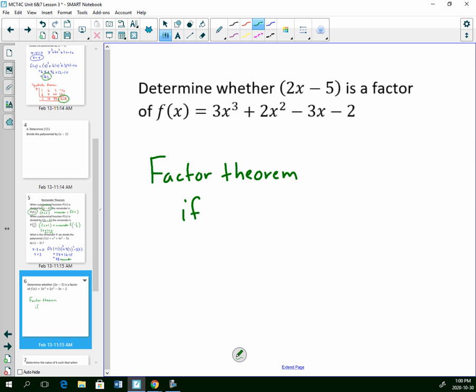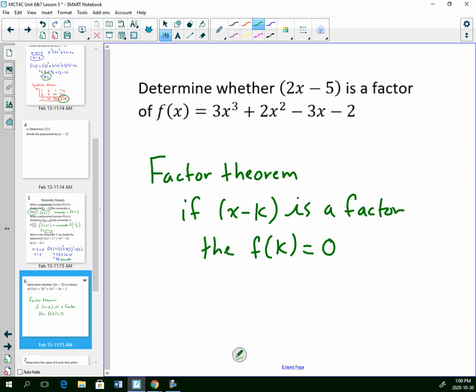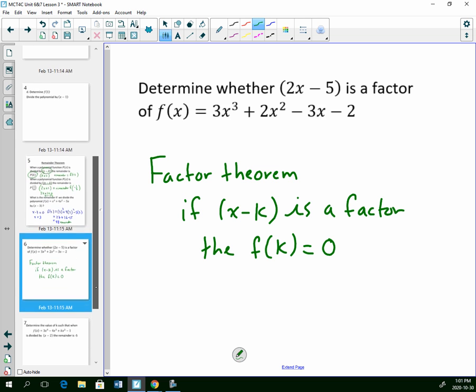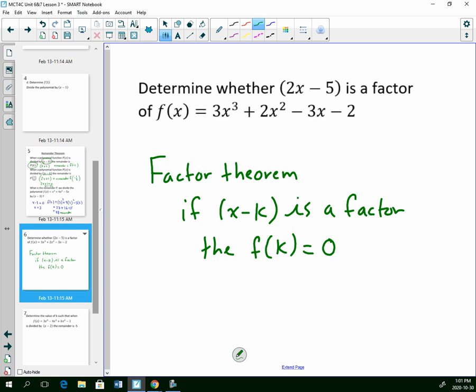Okay, so if x minus k is a factor, then f of k will be 0, meaning there's no remainder, right? We have nothing left. And so that is helpful when we are factoring. If we can find a number that gives us 0, we know that that function is a factor. Okay, so the question here says, determine whether 2x minus 5 is a factor.